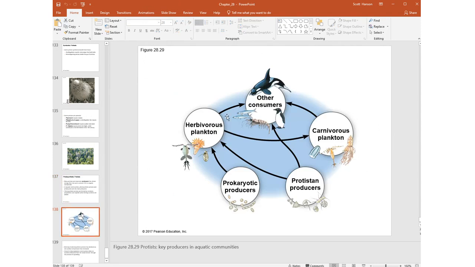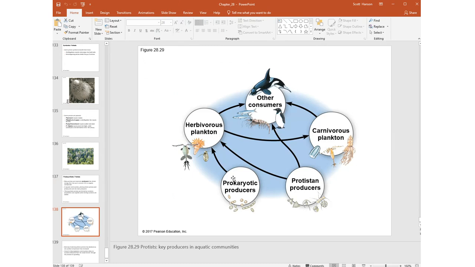So, for example, here are prokaryotic producers and protistan producers. They serve as food for herbivorous plankton, and a lot of protistan producers serve as food also for other consumers from the animal kingdom.